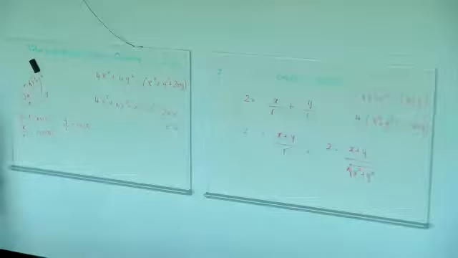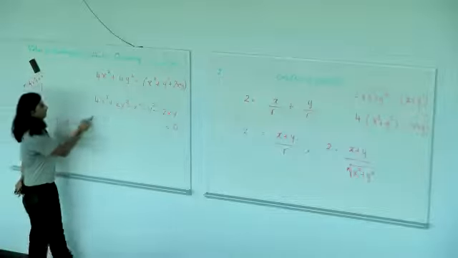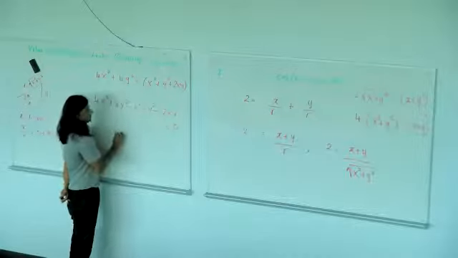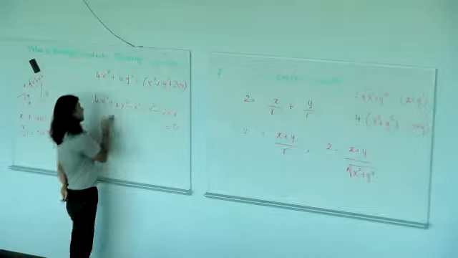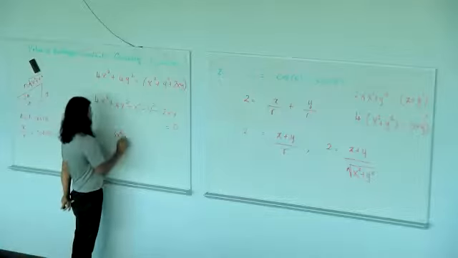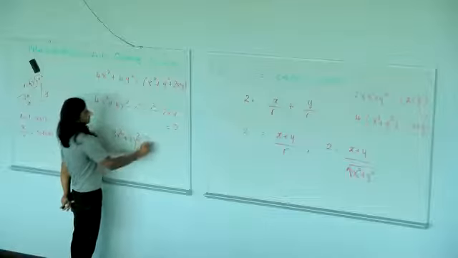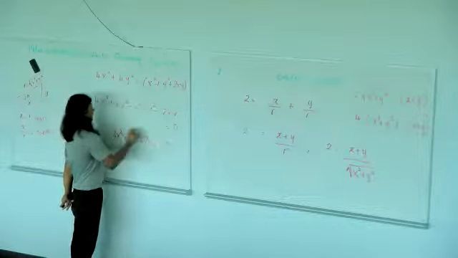Good. Which would result in 4x squared minus x squared, 3x squared, 4y squared minus y squared, 3y squared, minus 2xy equals 0.